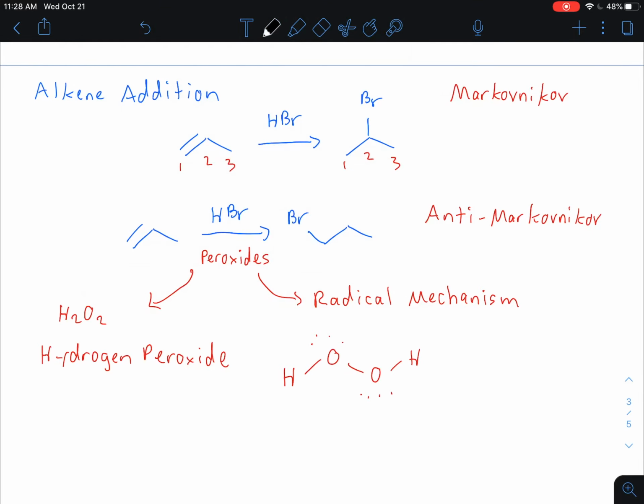So just like you've seen us breaking the bromine-bromine bond, peroxides are good for taking us down a radical mechanism pathway because that oxygen-oxygen bond is really easy to break homolytically. In fact, it's one of the easiest bonds to break.